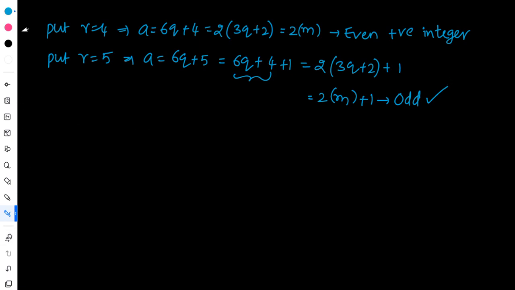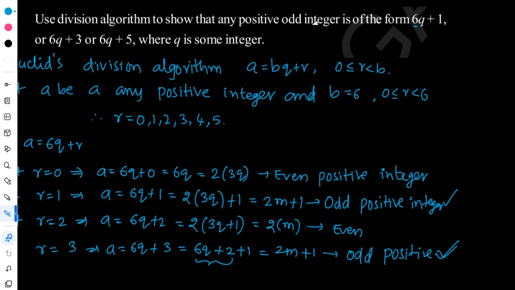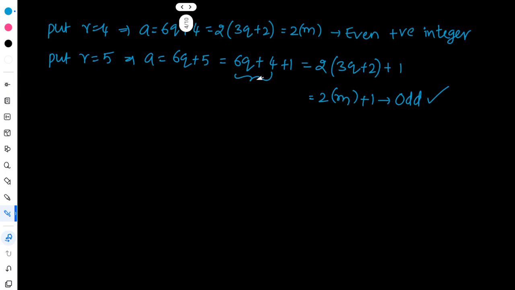So which numbers are in this form? Let's check once. The question is, show that odd positive integers. Which numbers are odd positive integers? First one is 6q plus 1, which is an odd number, and the second one is 6q plus 3, and the last one is 6q plus 5, which is also an odd number.